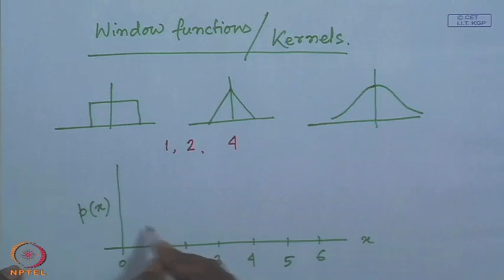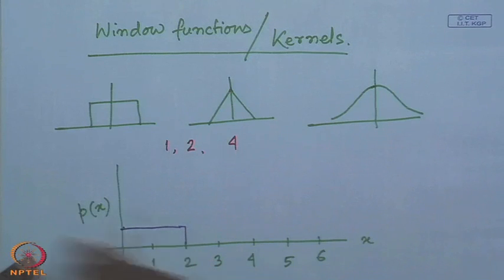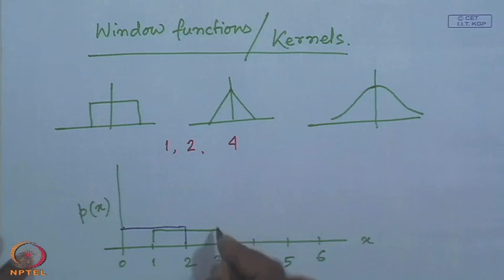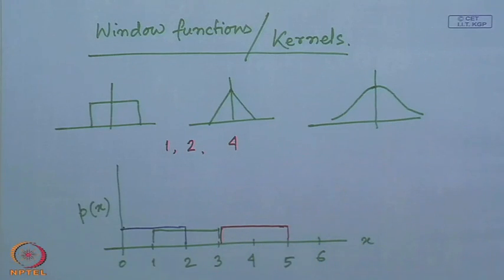Suppose the width of the window is, let us assume, 2. At location 2 again I put a rectangular window of width 2, and at location 4 again I put a rectangular window whose width is again equal to 2.